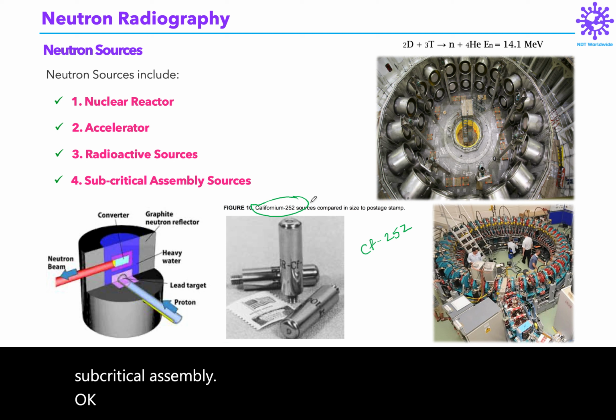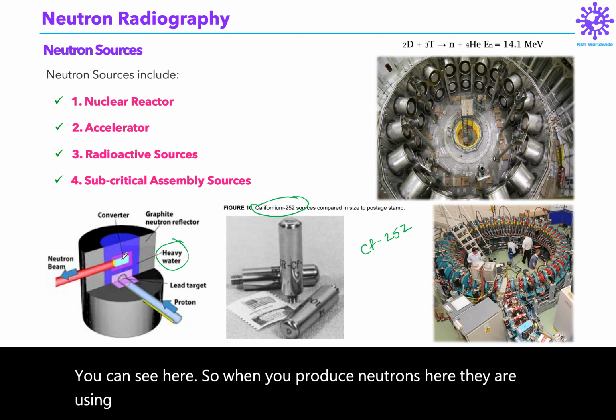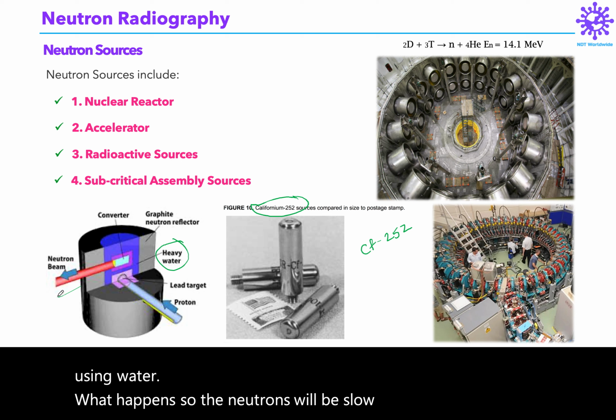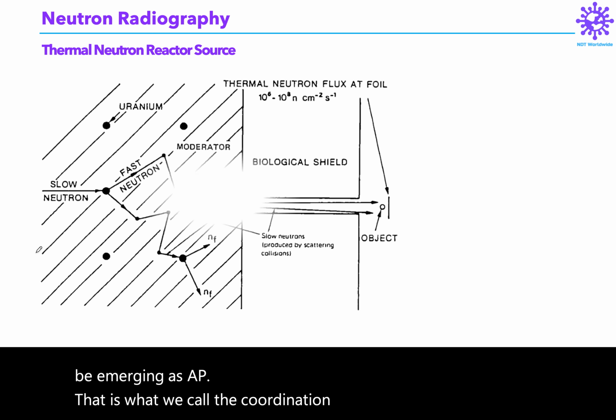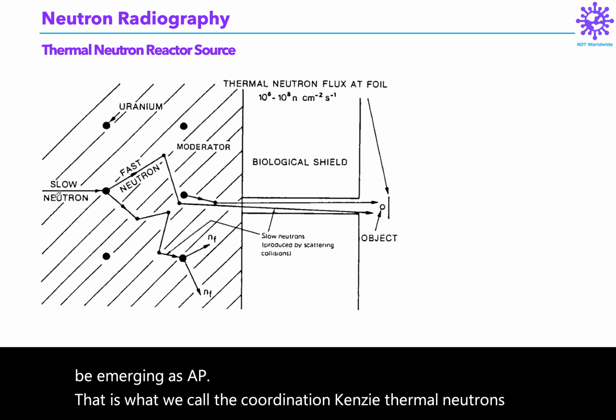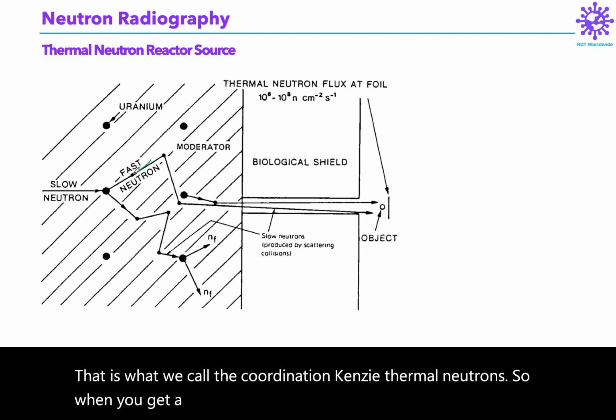Okay, you can see here. When you produce neutrons, here they are using water. What happens? The neutrons will be slowed down and they will emerge as a beam. That is what we call collimation. You can see thermal neutrons. When you get neutrons, they are all fast neutrons, meaning the energy is very high.